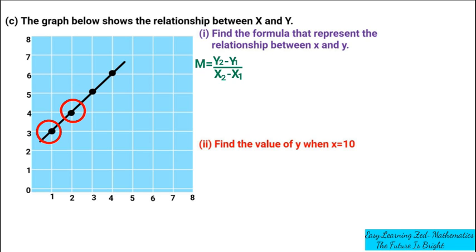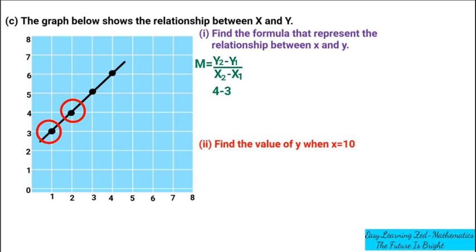Now let's get the value of y2. So the value of y2 is 4. So 4 minus the value of y1, which from the point 1, 3 is 3, so it's minus 3.